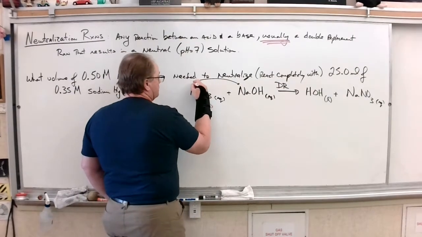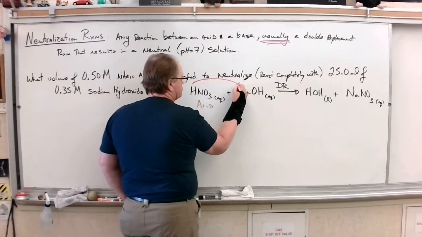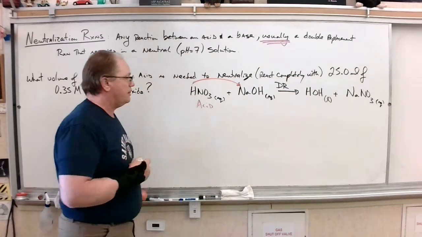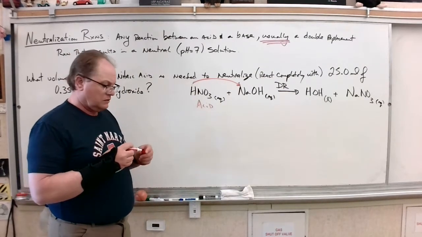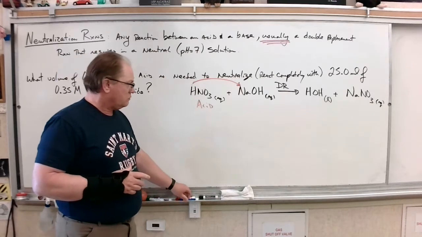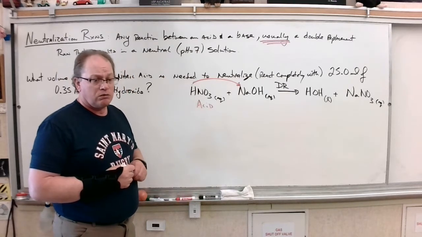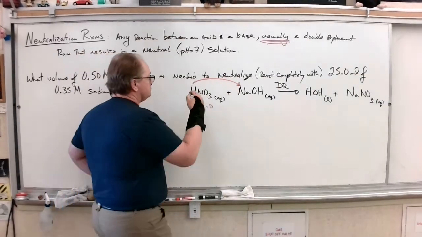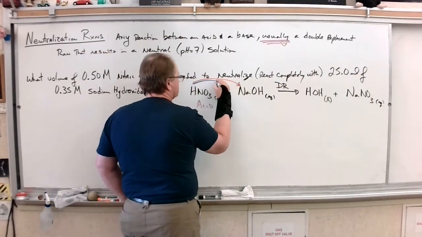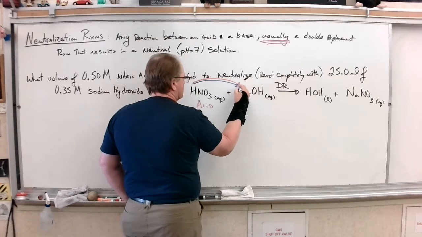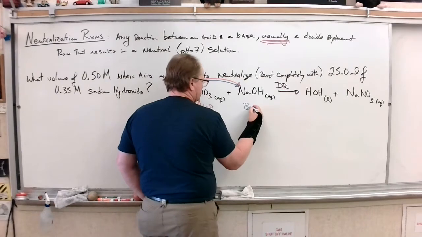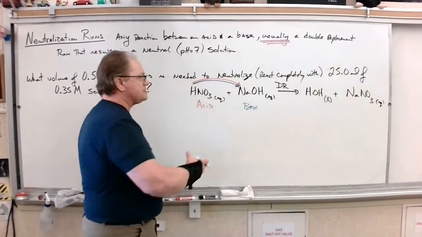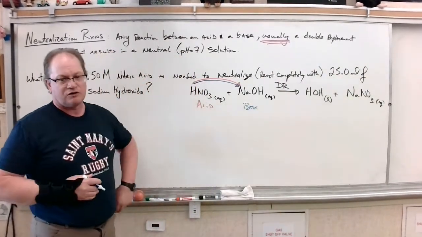So the hydrogen nitrate, the nitric acid, is donating a hydrogen ion. Well, where does the hydrogen ion go? It goes to the sodium hydroxide. And so the sodium hydroxide is accepting the hydrogen ion, which makes it a base. See, it's an acid-base reaction, and so it's a neutralization reaction.